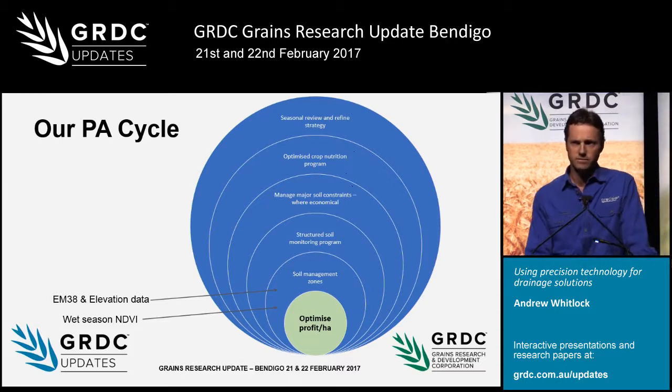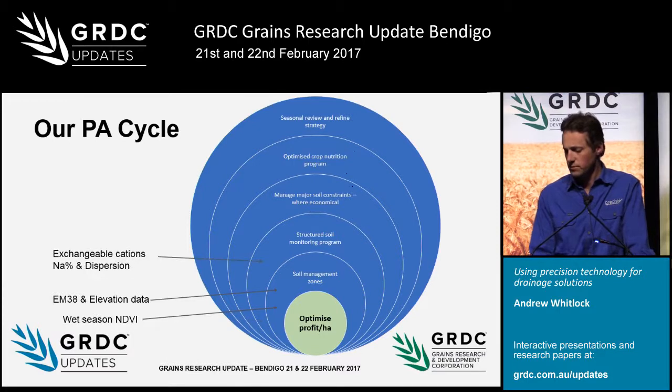So we start with the data, and I'll talk about this. EM38 and elevation are very common data sets that you're aware of. The elevation data may come from the farmer's RTK, or it may be something you have to go into the paddock and acquire. And wet season NDVI is a really good spatial record of identifying where the effects of waterlogging have occurred. Couple those together and you can start to build an accurate plan for a farm.